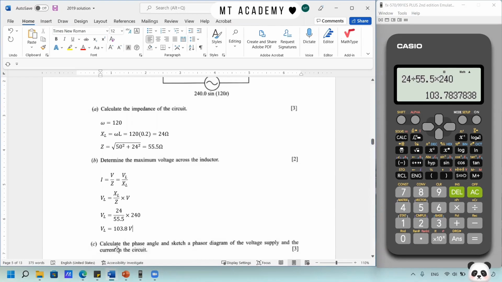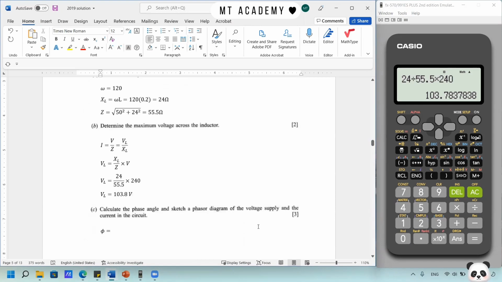So next, calculate the phase angle and sketch a phasor diagram of the voltage supply and the current in the circuit. Simple. For the phase angle, you should know we apply trigonometry, shift tangent of the reactance to the resistance, or the voltage across the inductor to the voltage across the resistor. So we have the reactance.